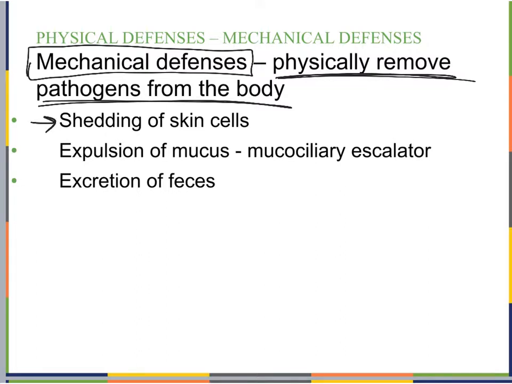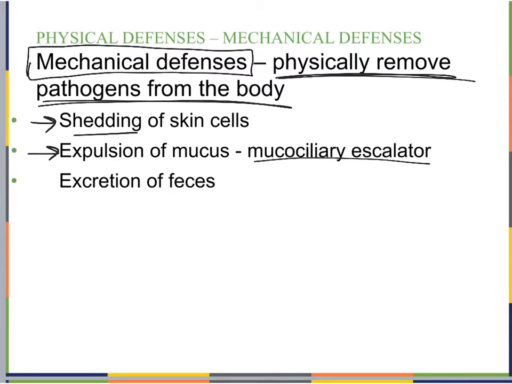One of the ways that we see this is what we already spoke about, which is the shedding of the dead skin cells. So we're mechanically removing bacteria. When we wash our hands, when we wash our bodies, we're removing them. Or even just the constant sloughing off of our skin cells is going to hopefully take some pathogens with it as well. The expulsion of mucus.